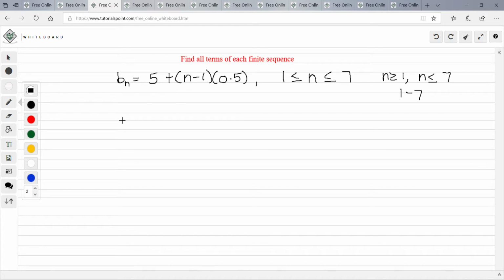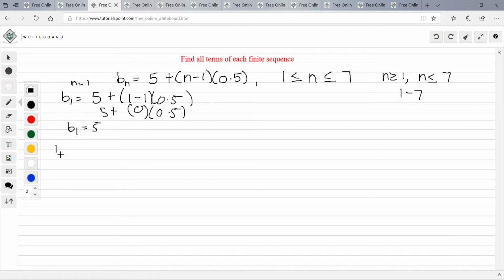So B1 is just putting 1 in for n, right? n equals 1. So that's 1 minus 1, which is 0, times 0.5. That becomes 0. So B1 equals 5.